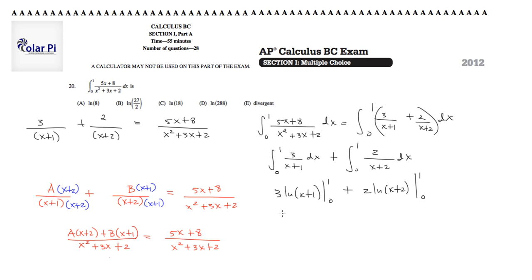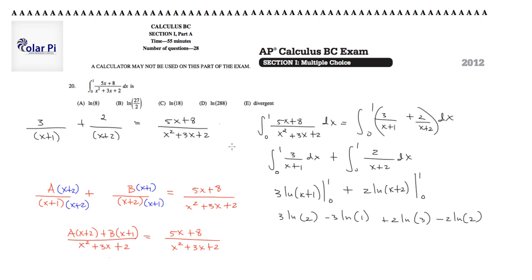So doing that, you get 3 times ln of, plugging in 1, you get 2. And then minus 3 times ln of, plugging in 0, you get 0 plus 1, so ln of 1. Got it. And then you get plus 2 ln of, plugging in 1, you get 3. And then plugging in 0, you get minus 2 ln of 2. I want to make sure that I did this part right.